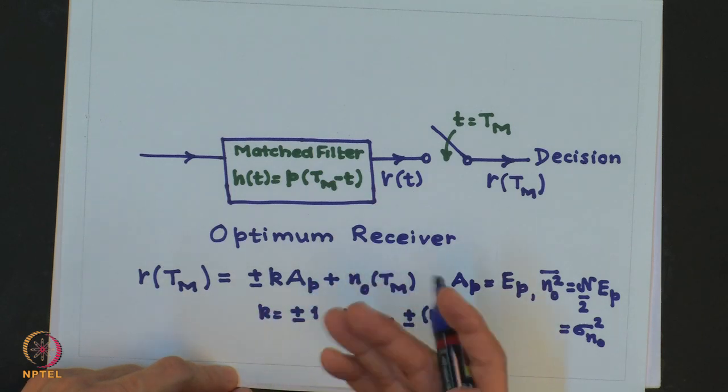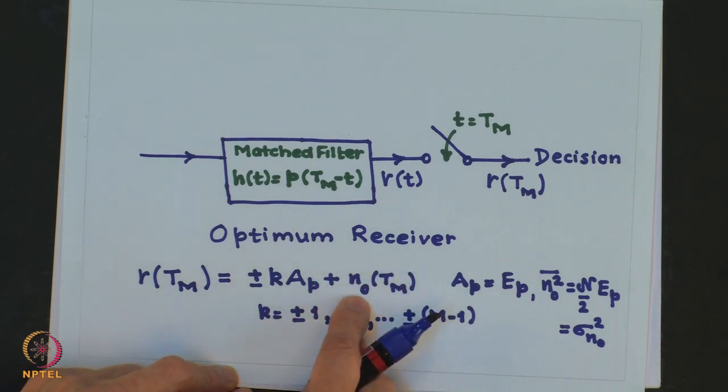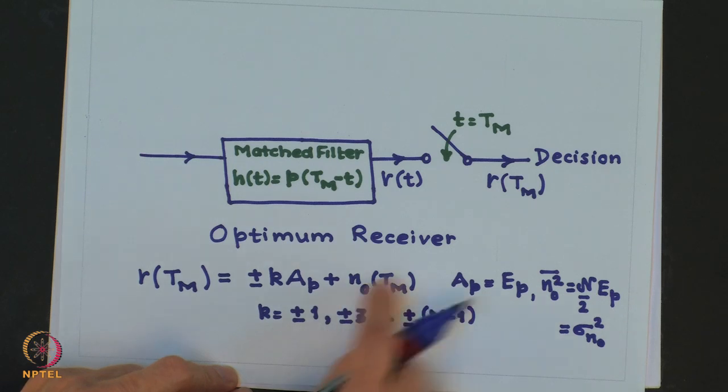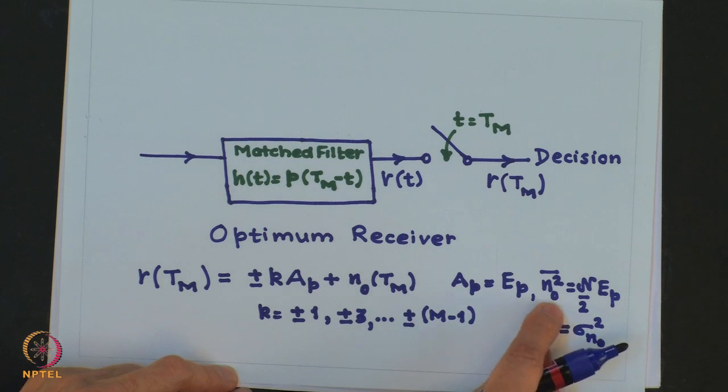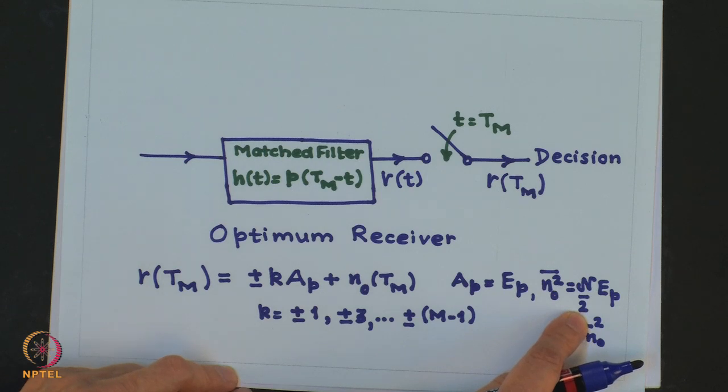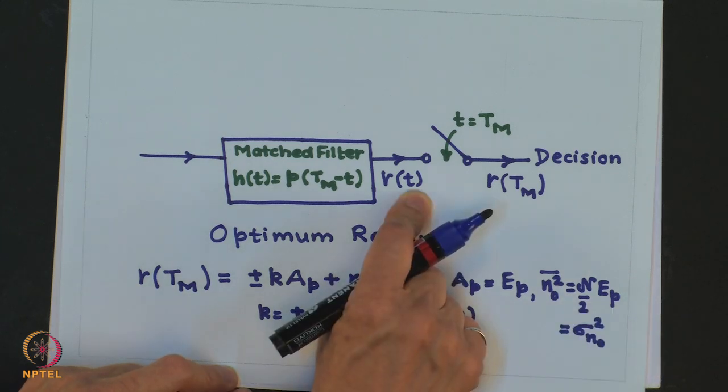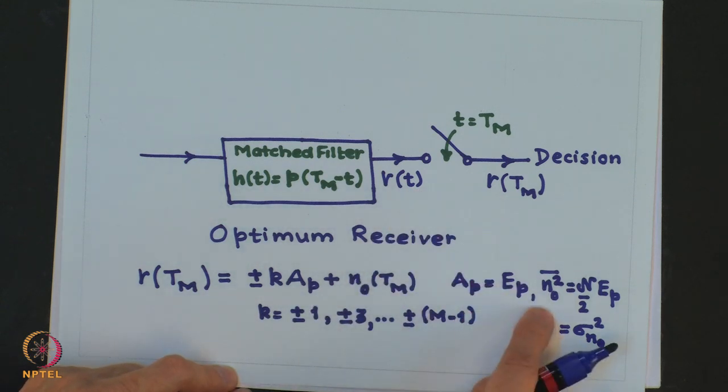We have studied this earlier, and the output noise which we are going to get out here will have the variance equal to N by 2, which is the power spectral density of the white noise, multiplied by the pulse energy. We are assuming that the signal is being transmitted over an additive white Gaussian noise channel with zero mean noise, correct?